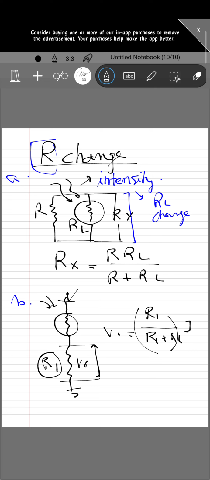This gives you a voltage value. This RL value changes with the intensity of light, and so we have the output voltage.